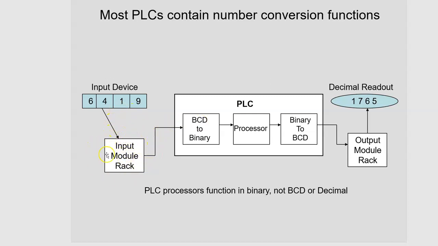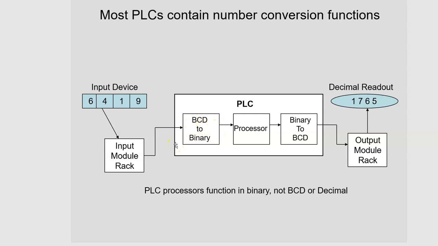So in here I have, either in this device or this device, I got to have some circuitry that will convert that from decimal to BCD. And when that conversion is done, I get into the PLC, and I'm actually going to process the BCD. Even though the BCD is zeros and ones, I got to convert that to binary. So that's just a grouping.